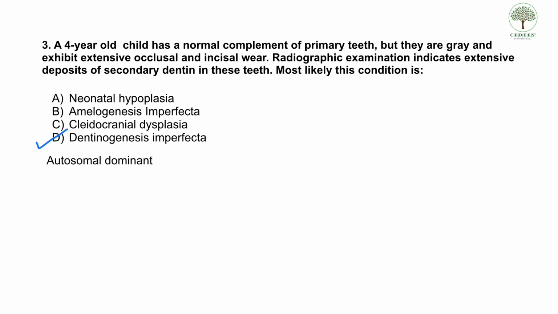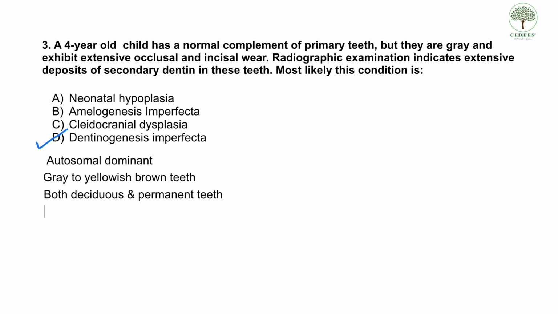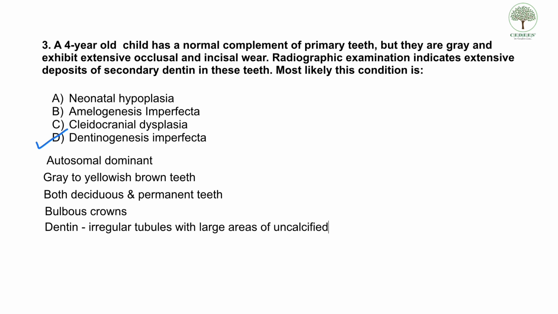That is a genetic defect resulting in defective formation of dentin, which is characterized by gray to yellowish brown teeth. Both deciduous and permanent dentition are equally affected. The crowns are bulbous in appearance. There is excessive formation of irregular dentinal tubules with areas of uncalcified matrix, resulting in complete obliteration of pulp chambers and root canals.